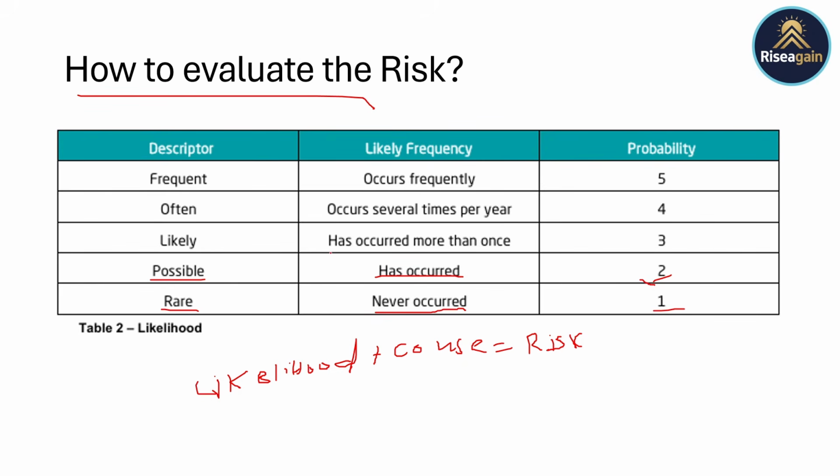If the incident has occurred more than once in a year, we can say it is likely and we put 3. If the incident has occurred several times per year, we can say it is often and we put 4. But if the incident has occurred so frequently in a year, we say frequent, and that will be 5.